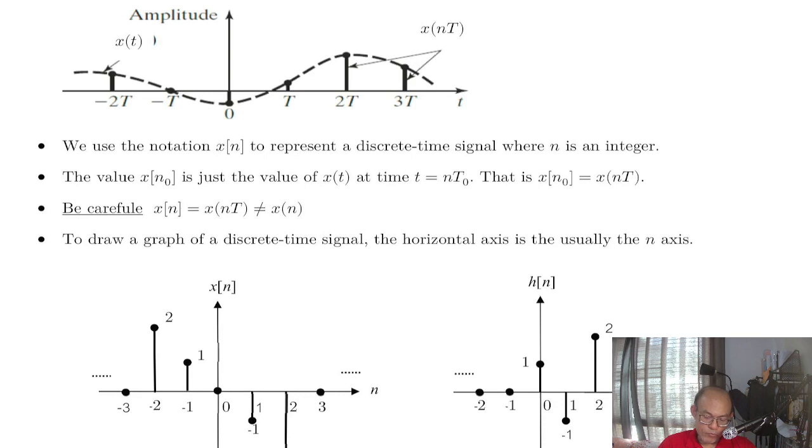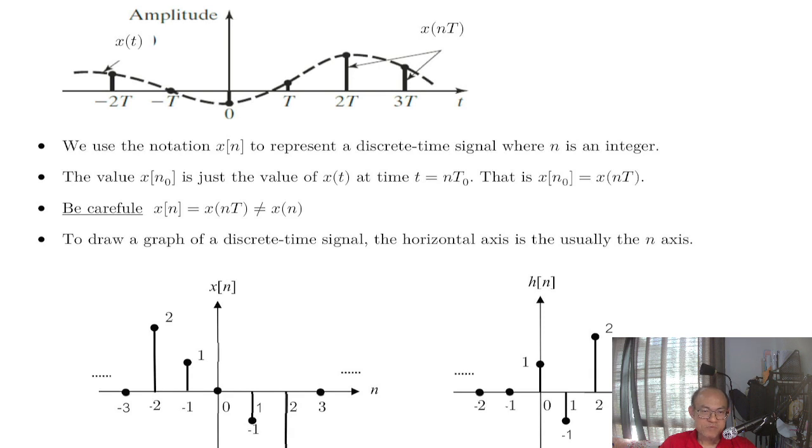So we're gonna write x with the straight bracket n to represent the discrete time signal, where n is an integer that represents the order of this sample. For example, n of 1 comes before n of 2, n of 2 comes before n of 3, and so on.